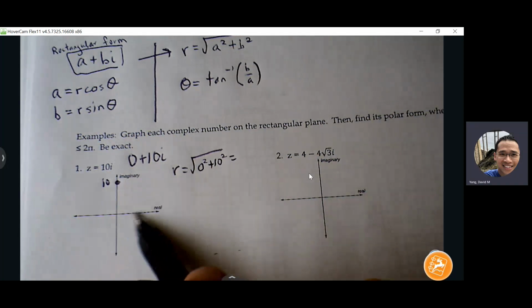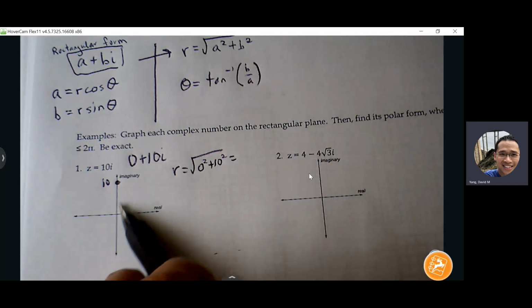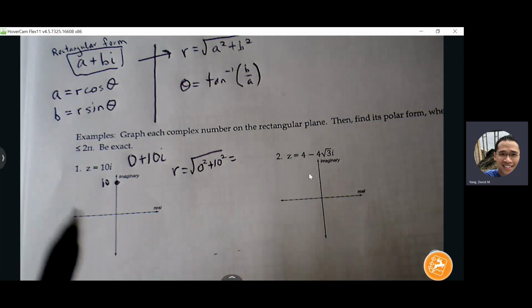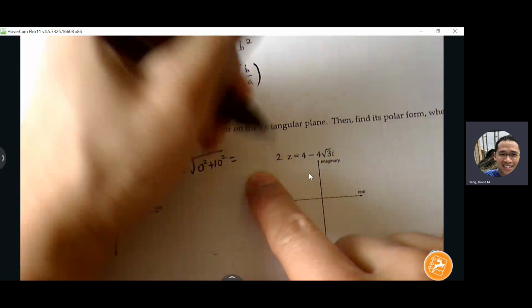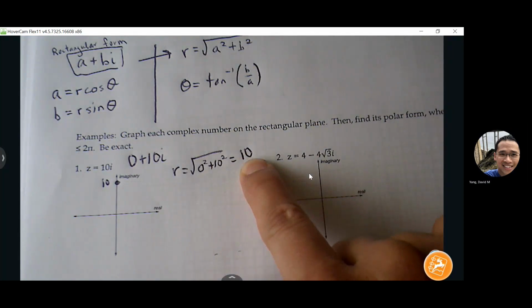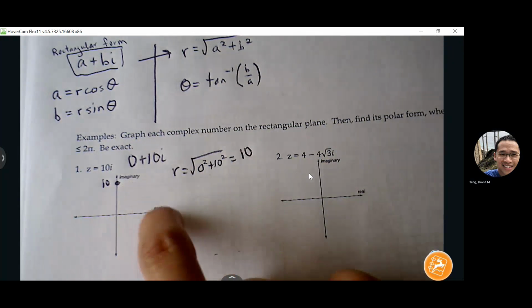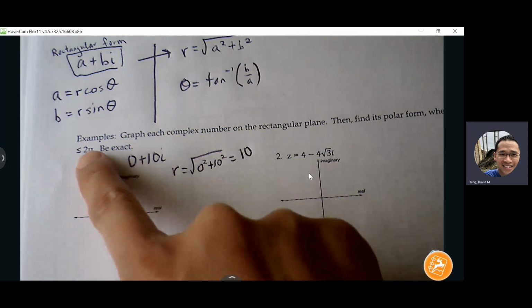So anytime you're moving along the axis, the radius is the same as that value, right? If you're counting along a horizontal or vertical line, there's really no need to go through Pythagorean theorem, but you can if you wanted to, but you can just count that distance. Now, in terms of theta, where is this pointing? 90, but in terms of radians is what?